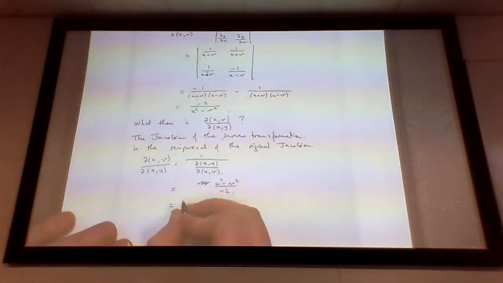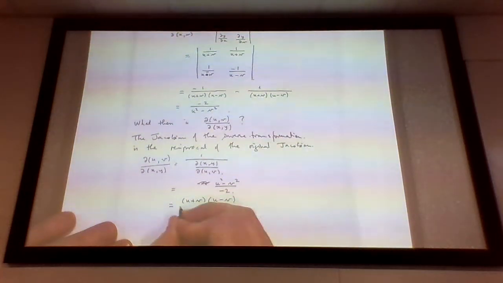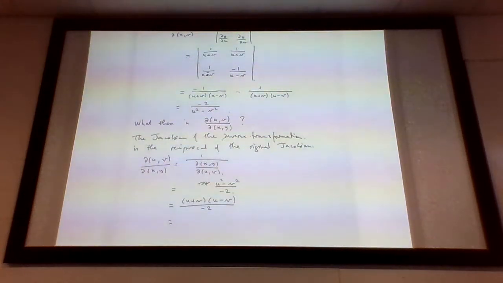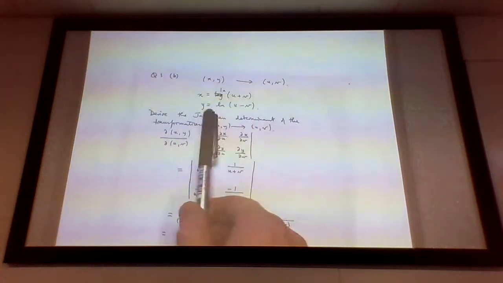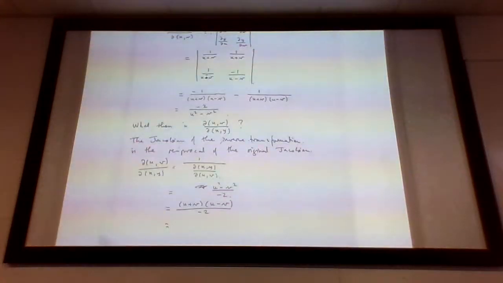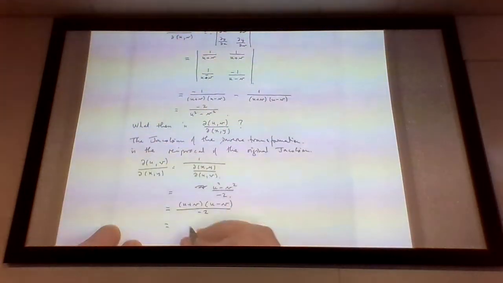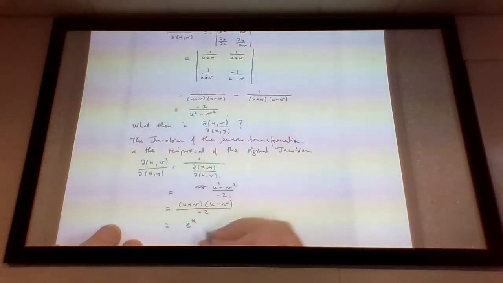So u squared minus v squared, of course, remember, factorizes as u plus v times u minus v, over minus 2. And if you look at the original transformation equations, you can invert those by taking the exponential of both sides. x is the log of the sum, y is the log of the difference. When you take the exponential of both sides, you get that the sum u plus v is e to the x, and the difference u minus v will be e to the y.